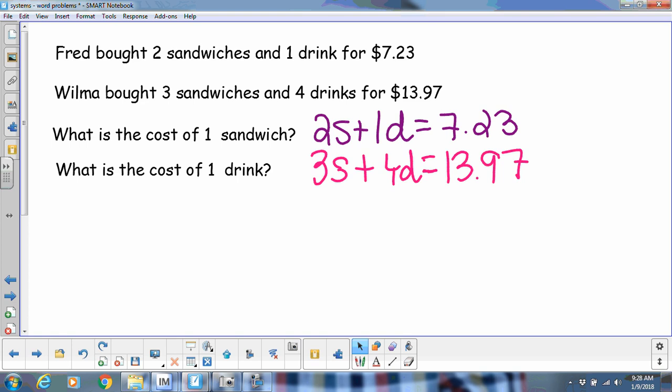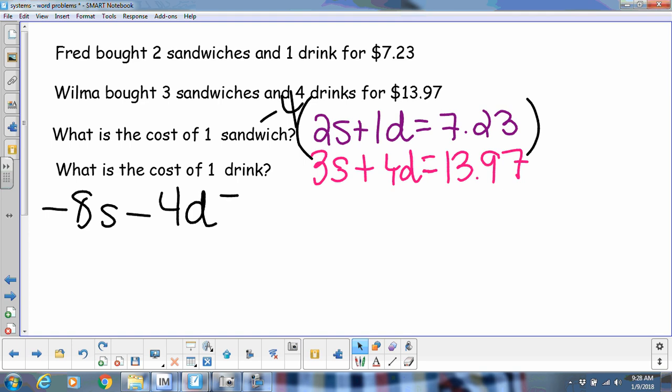Good? I'll write them out. Okay? Which one to multiply here? -4 on top? Okay, first two are going to be easy. It's going to be -8s, -4d.